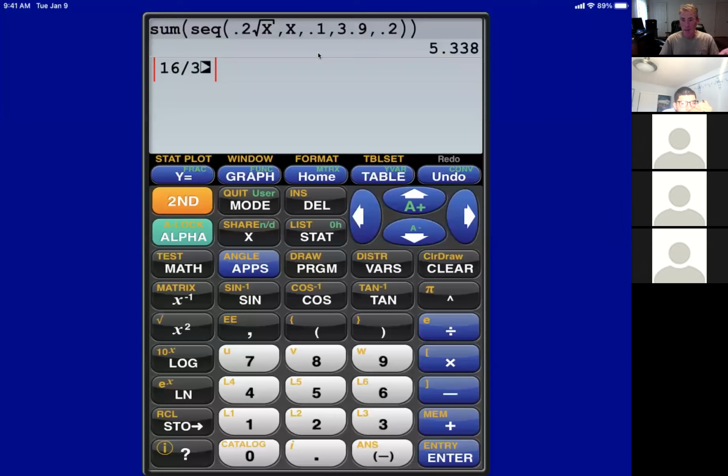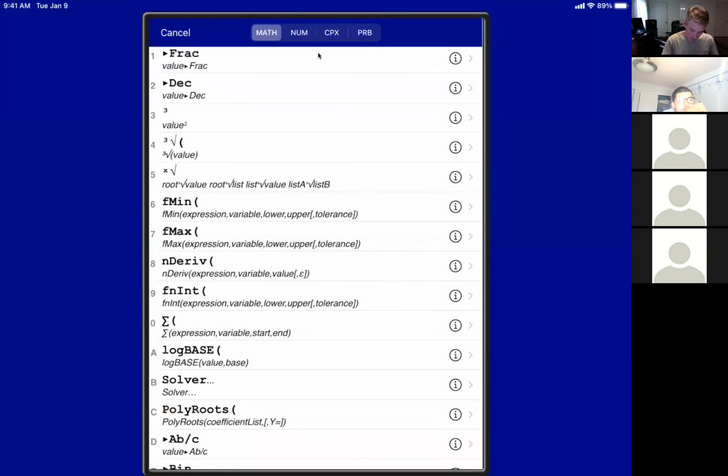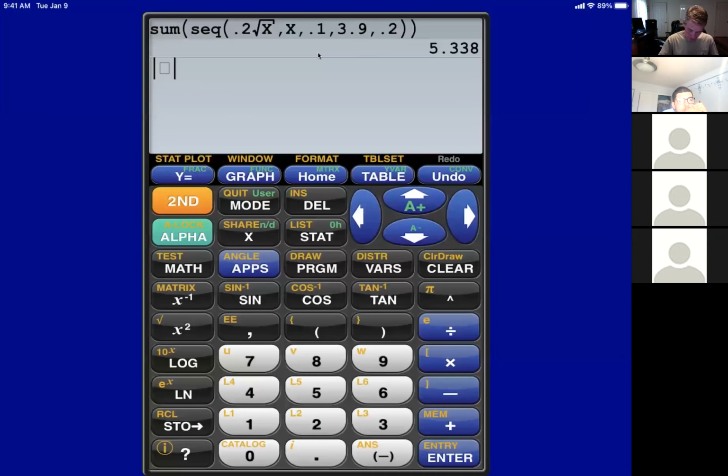But of course, you don't have to put the absolute value, because if it says a negative, just ignore the negative. Then minus, and I could either type in 5.338 or I could put second, enter. Oh, hold on, I put the wrong one. Got to start over. Math, number, absolute value, 16/3 minus.